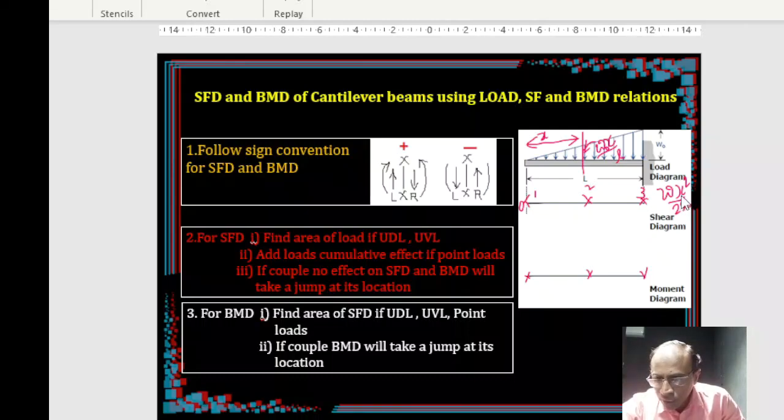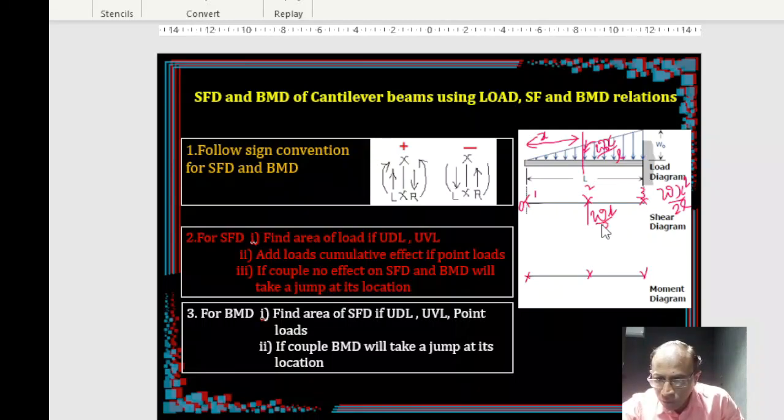That means WL square by 8, right? So what I will be getting finally? WL square by 4 into 2. One L gets cancelled and you will be getting here an ordinate of WL by 8. This ordinate is WL by 8.